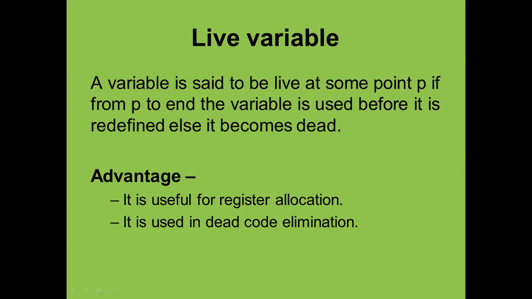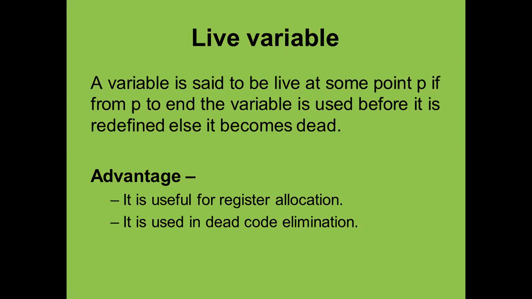Now, what is the live variable? This is another terminology which we will use. What is a live variable? A variable is said to be live at some point P. For this, again, we will consider some example so that you can understand easily.